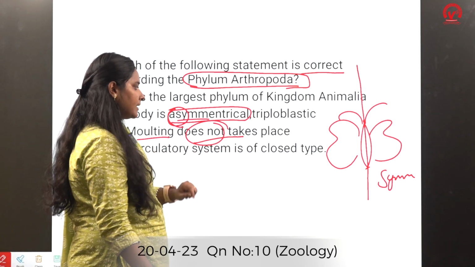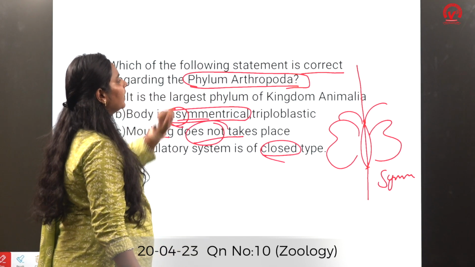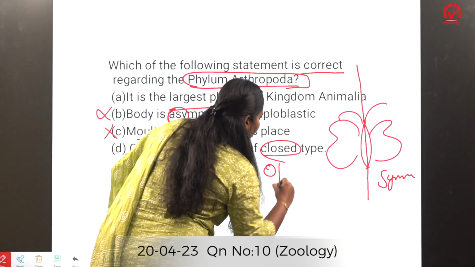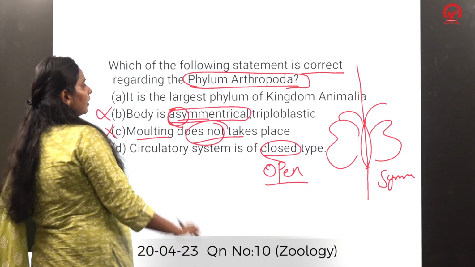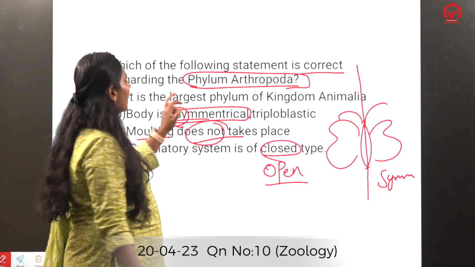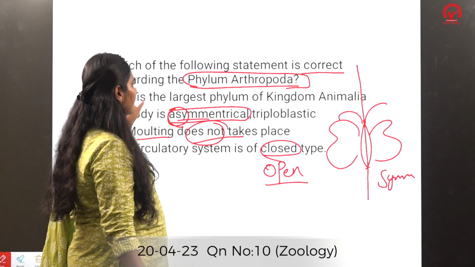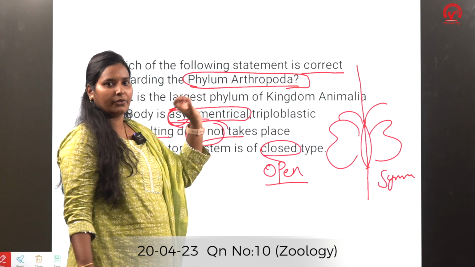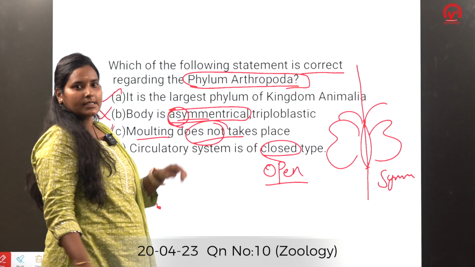And the circulatory system is of closed type. But the circulatory system in phylum Arthropoda is open type, so this option is also wrong. So it is the largest phylum of kingdom Animalia. Yes, this phylum is the largest phylum of kingdom Animalia. So this option is correct. So the answer is A.